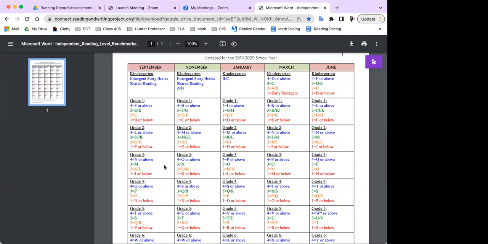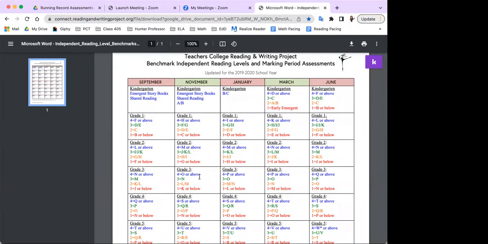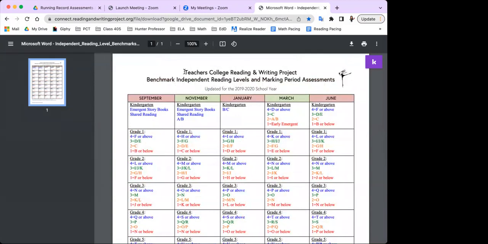These benchmark assessments were created after Teachers College did research to see where students should be in certain grades at certain times of the year. As they move through third grade, to November and January, the letters change, because the expectation is that students grow as they continue to read. This is a really important resource. You can just Google Teachers College Reading and Writing Project benchmark.